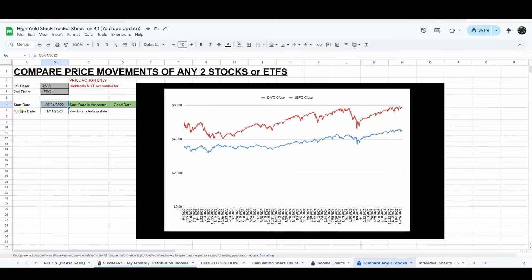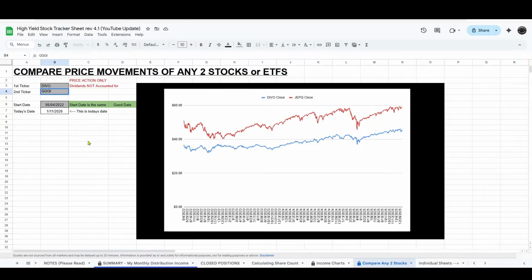Well, for this one here, I've got a start date of May 4th of 2022. But if I change JEPQ to a different ETF and say I enter in QQQY, well, we know QQQY has only been out for close to 2 years, but I've got a start date of 2022 for that year. So let's just see what happens if I enter in QQQI and I want to compare it against DIVO.